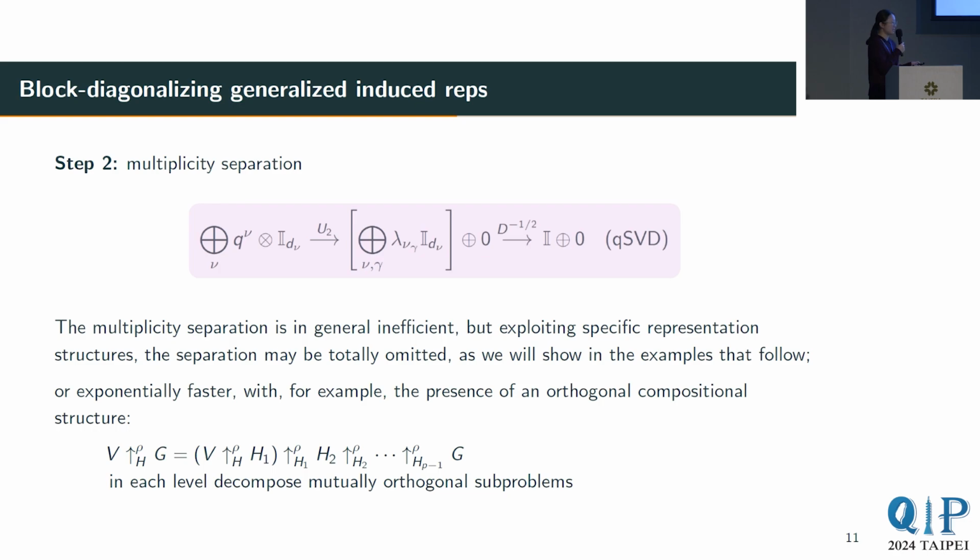And at best, we will find that the inductions in each level and from different irreps are just orthogonal to each other. And in that case, the efficiency can be exponentially improved. And this structure, for example, happens in permutational diagram algebras.